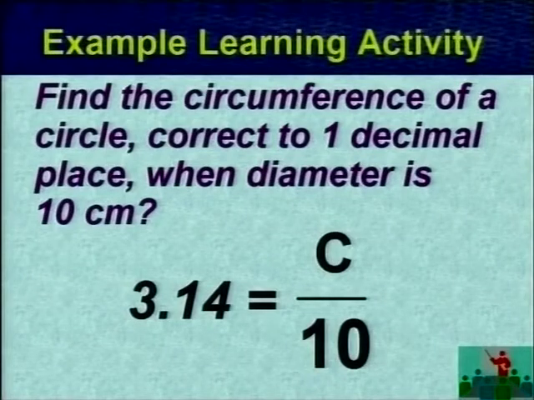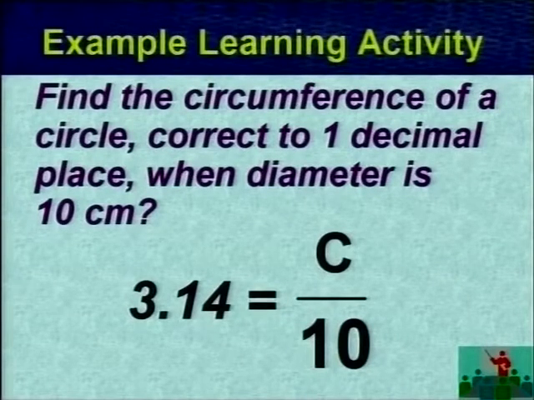Receiving students and ATs, can you read the example which is on the screen? So, in pairs, try to work out what is the circumference. The letter C stands for circumference.